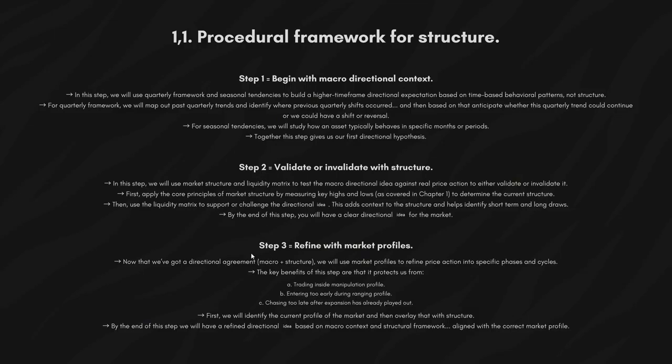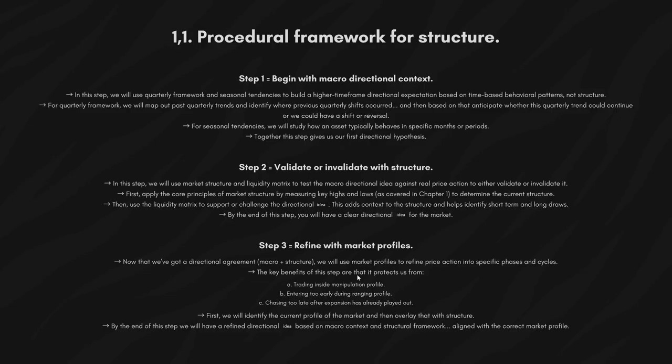And then we move on to step 3, in which we refine that directional idea with market profiles. Okay, now that we've got a directional agreement between the macro directional context and structure, we will use market profiles to refine price action into specific phases, profiles, and cycles. This is what we will do in this step.